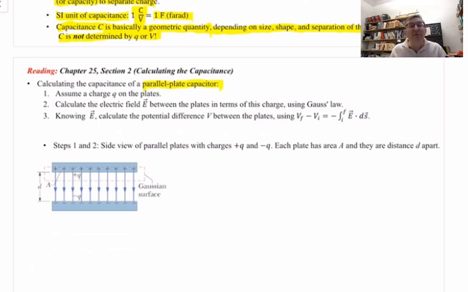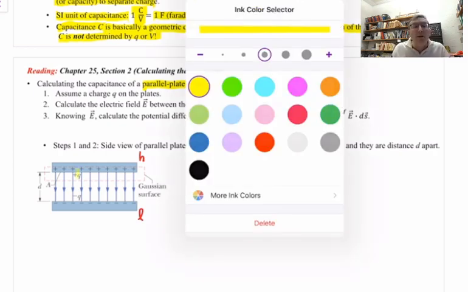So we have a side view down here below of the two conductors, the parallel plates. They're shaded there in gray in the picture, and they would represent you looking edge on at these two plates. But they've been drawn with some sizable thickness. That's okay. So there's the upper plate, H, and the lower plate, L. The upper plate has been given a total charge plus Q on its bottom surface.